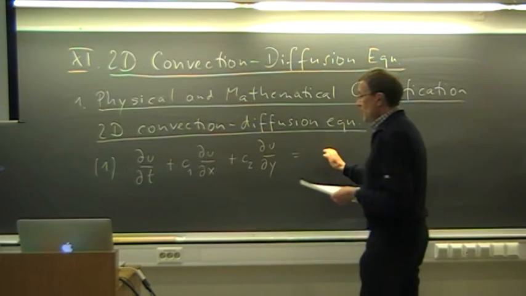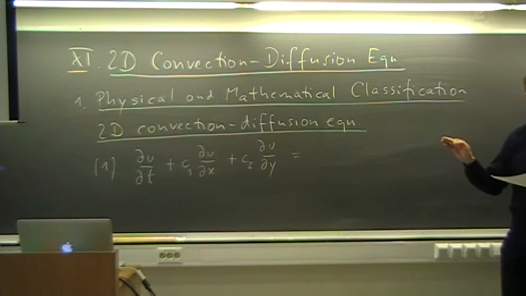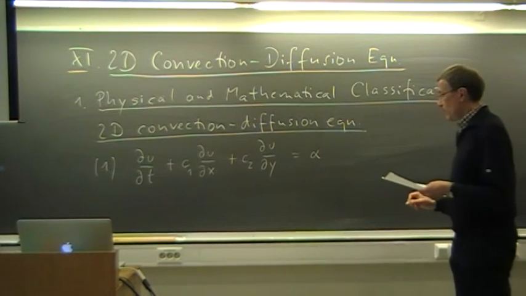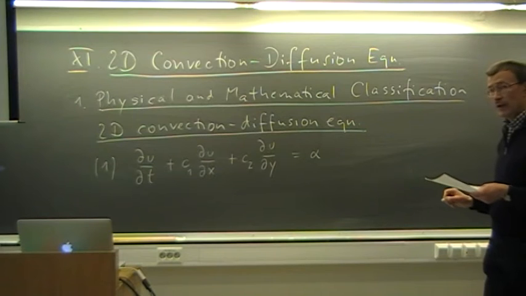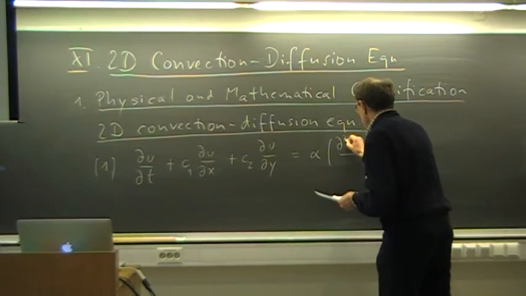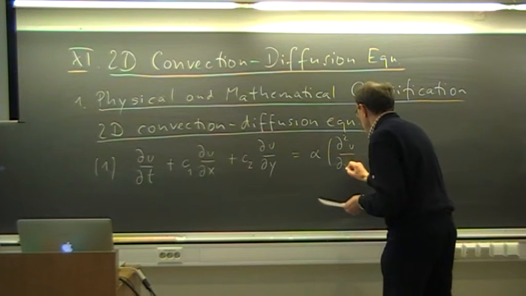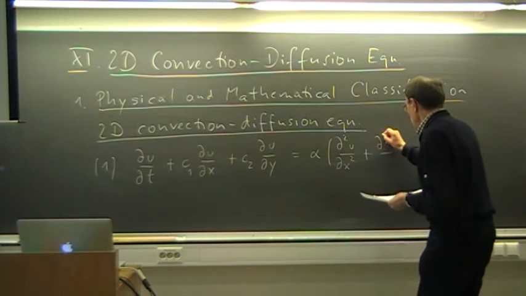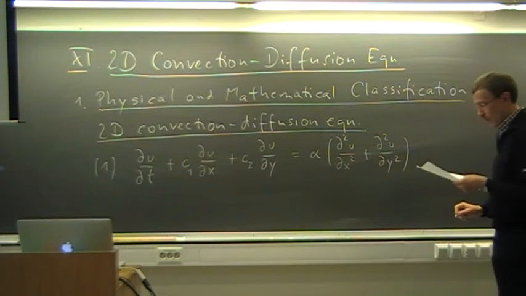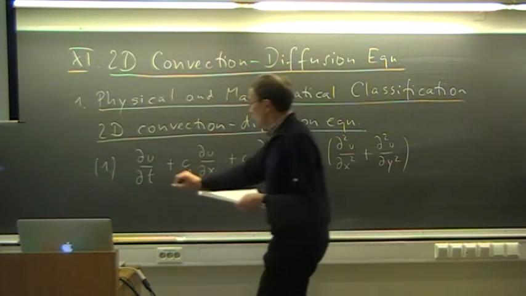So if this were 0, then we would have the 2D linear advection equation. But it is not 0, because on the right-hand side we have a diffusion coefficient, alpha, and we have second derivative of u with respect to x, and second derivatives of u with respect to y.